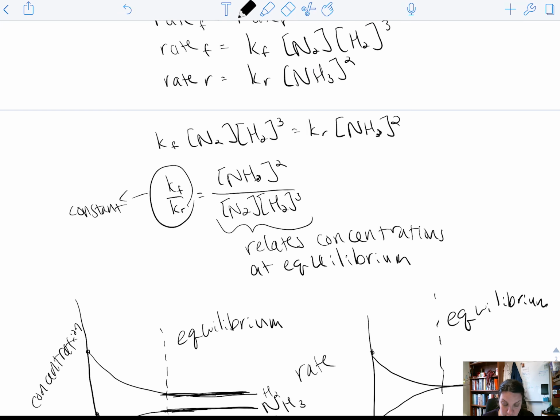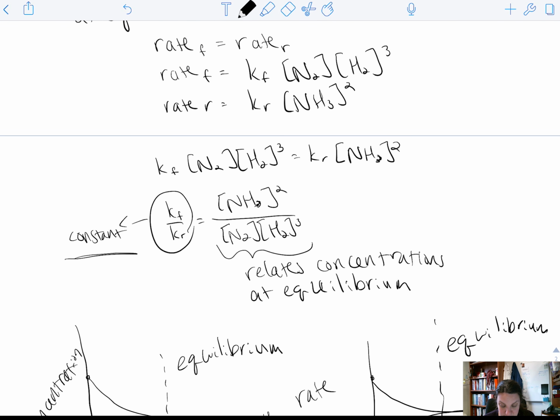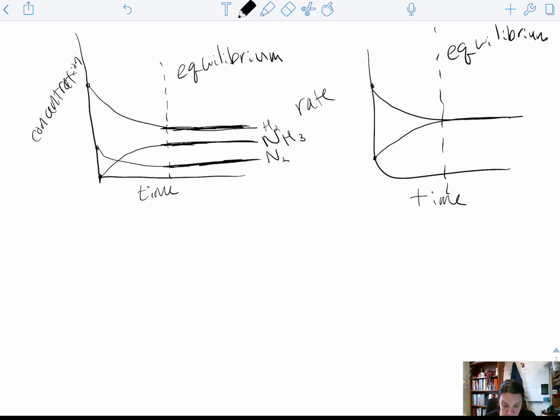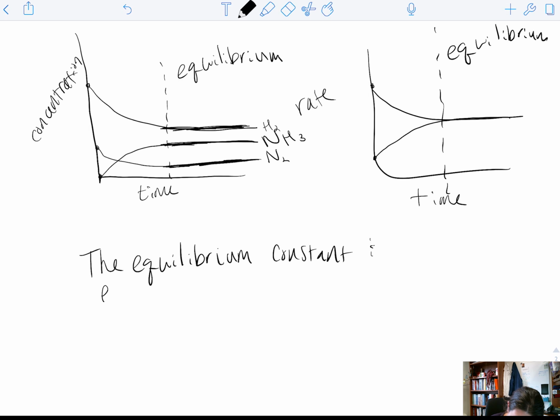Okay, so we talked about up here this constant. We can look at that constant, the equilibrium constant. So we want to look at the equilibrium constant and the equilibrium constant expression.